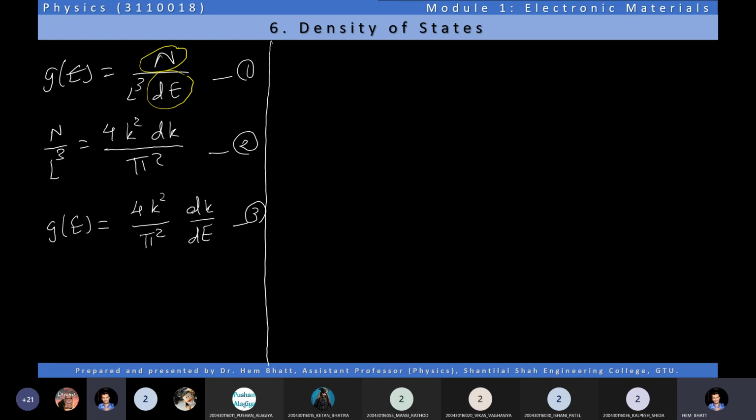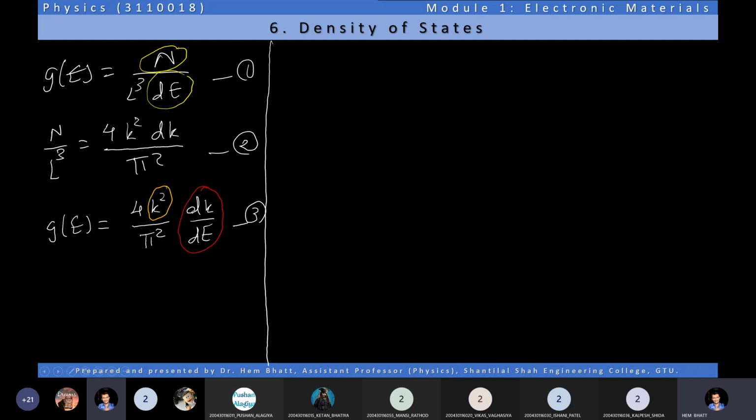So now we are done if we can find out two things. જો આપણને ક્યાંયથી k square મળી જાય, જો આપણને ક્યાંયથી dk by de મળી જાય, તો આપણું આજનું કામ પૂરું. So now let us look for k and dk by de.